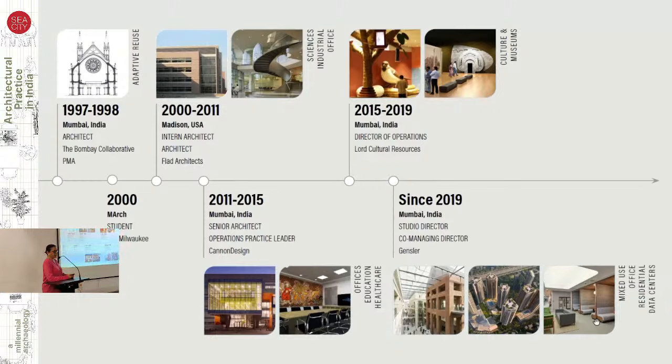But what they wanted was the experience of running the full cycle of projects, mentoring teams, client relationships. By now, between Flad and Canon, I had gone from a junior architect to a leader in the office. And I joined Lord, and very quickly learned a lot about culture and museums, and those are amazing projects. I think Rahul will show those more, but I really had the time of my life, very multidisciplinary.